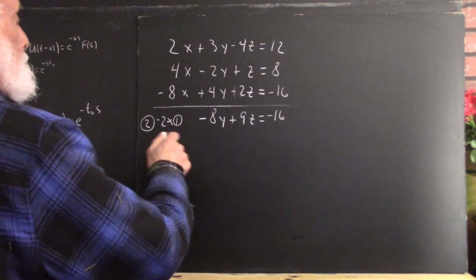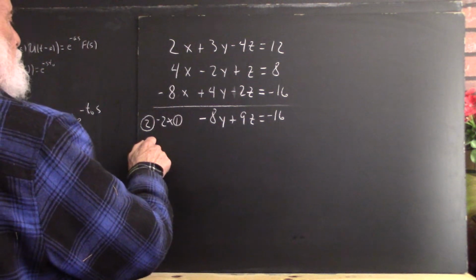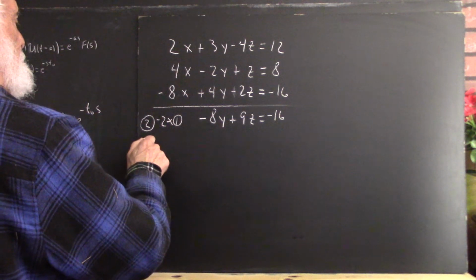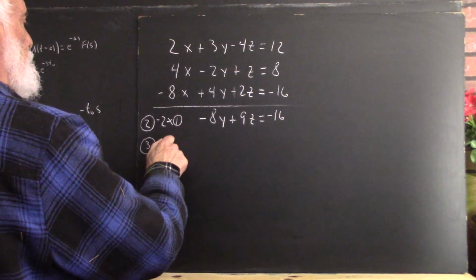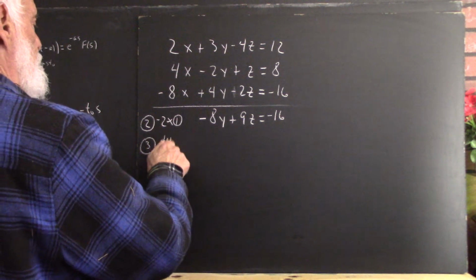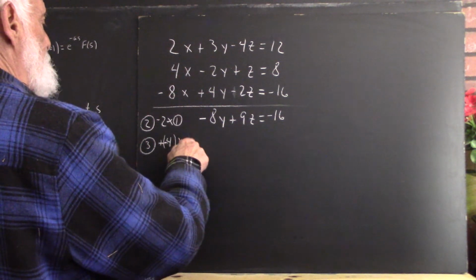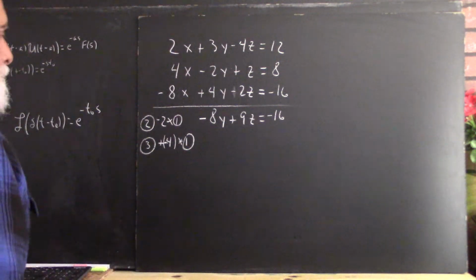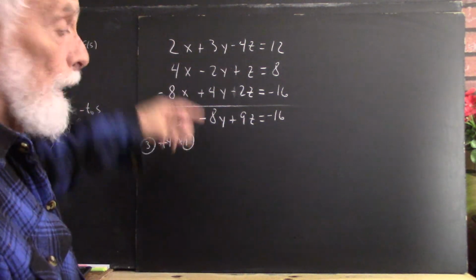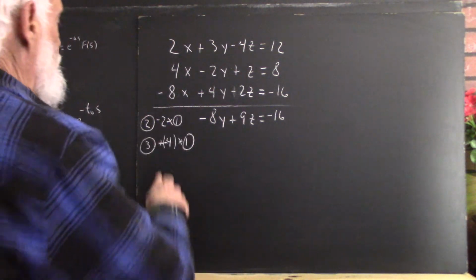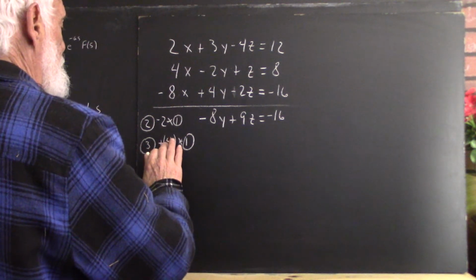And then the third equation, I add negative 4 times the first. I add 4 times the first, not negative 4.